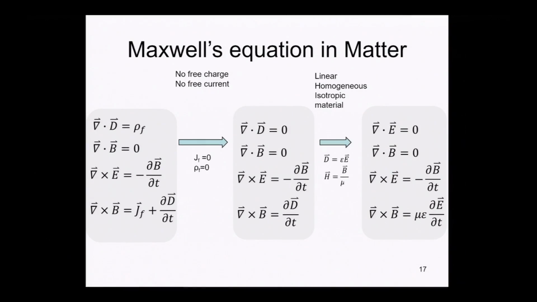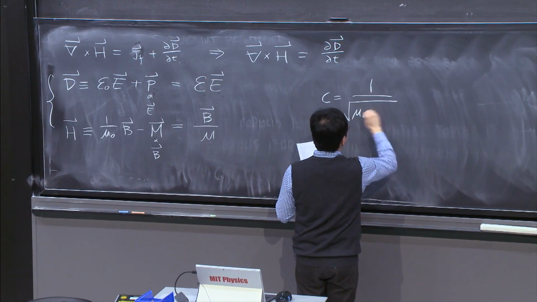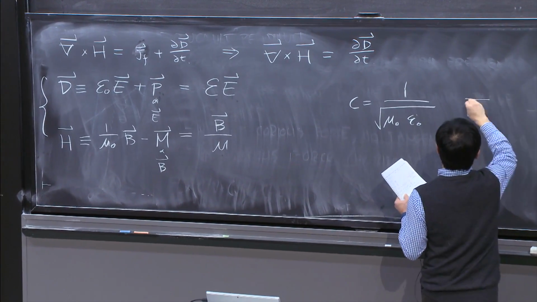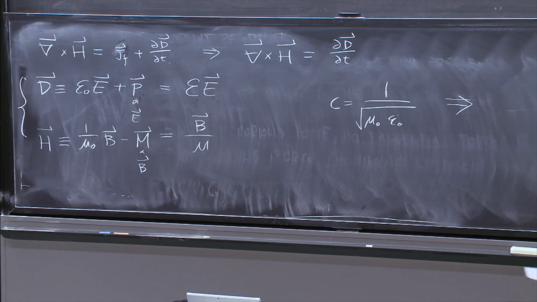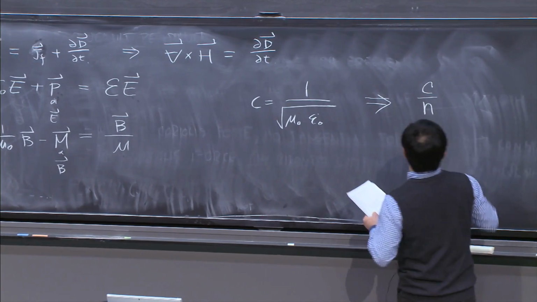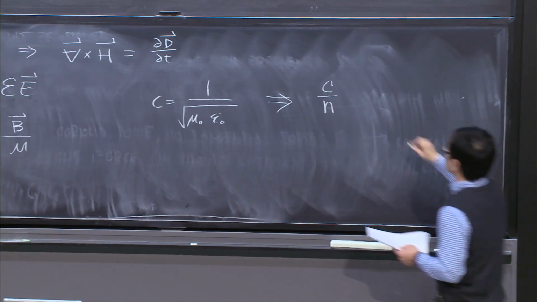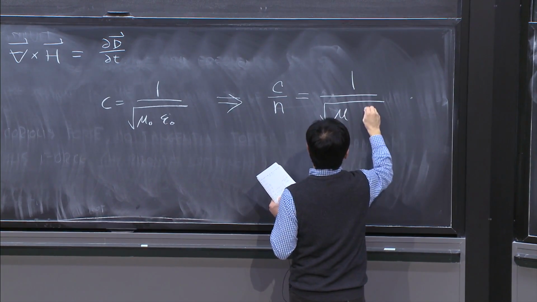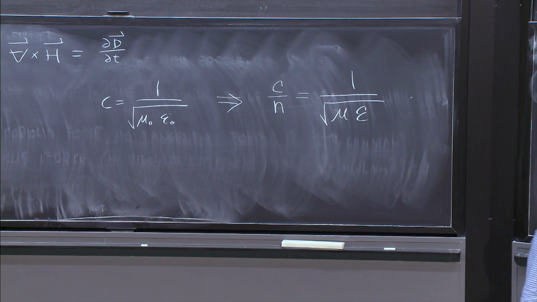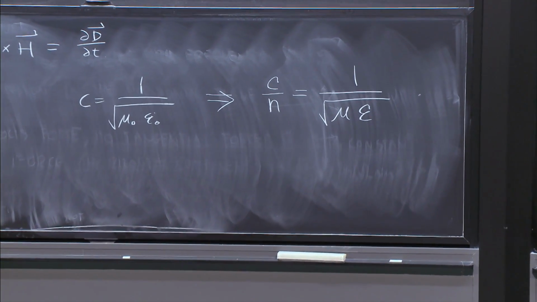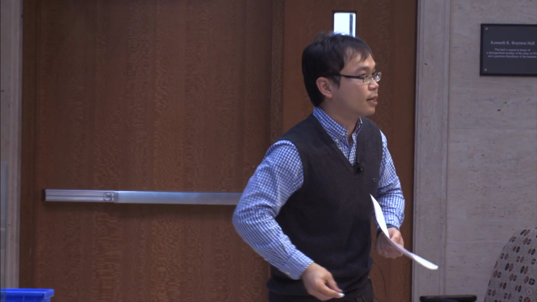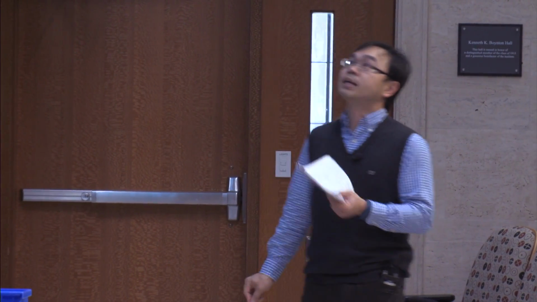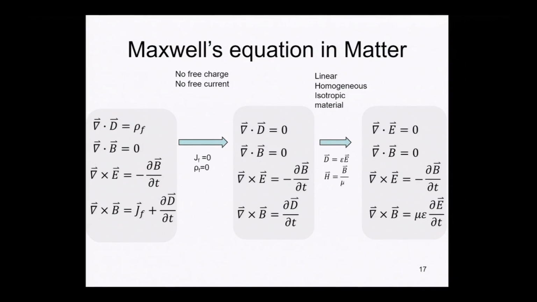In the vacuum case, you have C equal to 1 over square root of mu 0 epsilon 0. Instead of C, you are going to get C over N, where N is the refractive index, and that is equal to 1 over square root of mu and epsilon. It's as simple as that. So based on what we have prepared in the last few lectures, we can now immediately make sense of this equation.